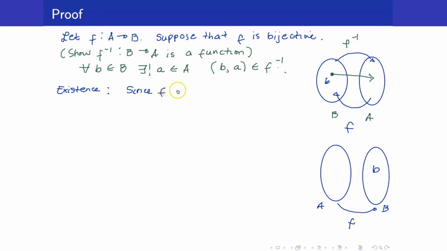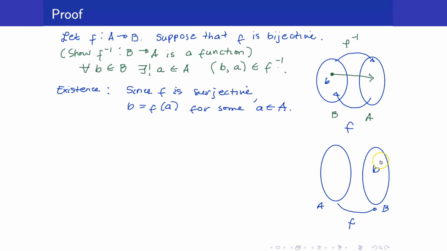So since f is surjective, it means that this b here can be written as the image of some element in A. So b is equal to f of a for some a in capital A.